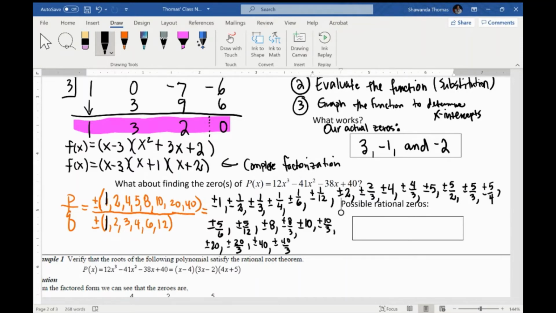We got it. 40 divided by 6 is 20 over 3. We already got it. 40 divided by 12 is 10 thirds. We already got that. Whew, we are done with the list of possible zeros.